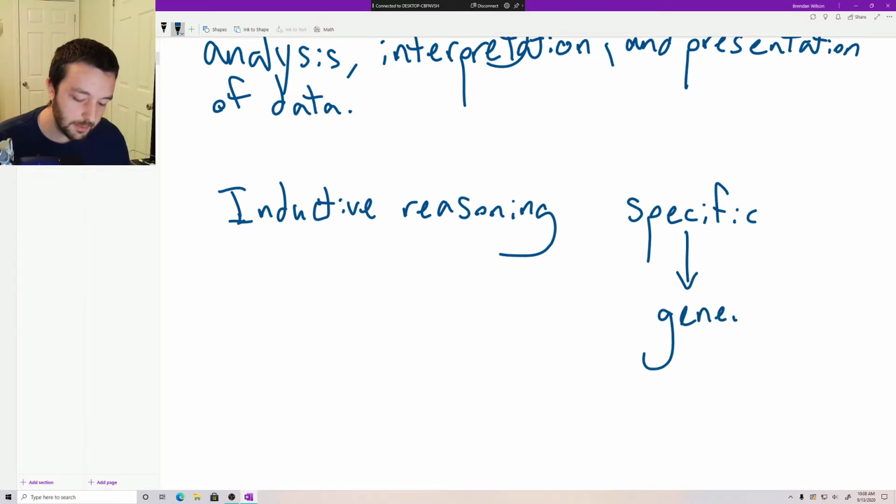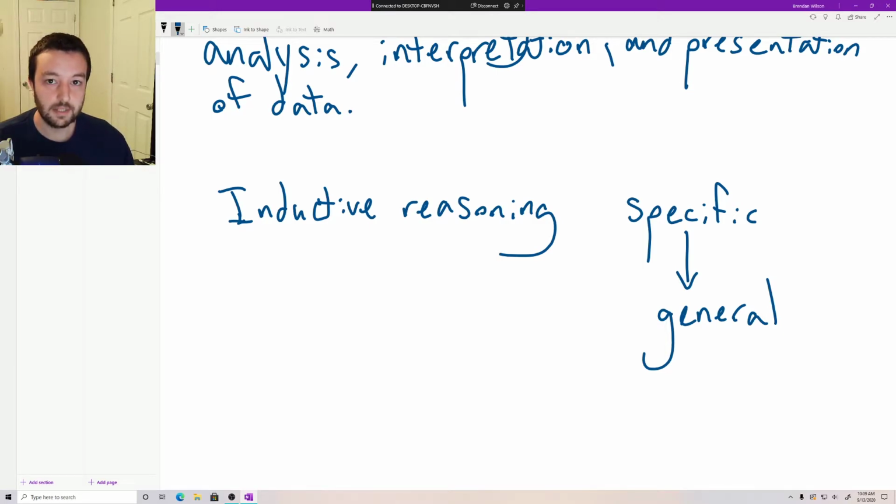So you go from specific to general. In our case, we would take a sample of something and study the sample. Say we survey a bunch of people about their favorite colors. Then we would use that data and try to generalize it to the rest of the country. So we start with something specific, and then we try to generalize it.